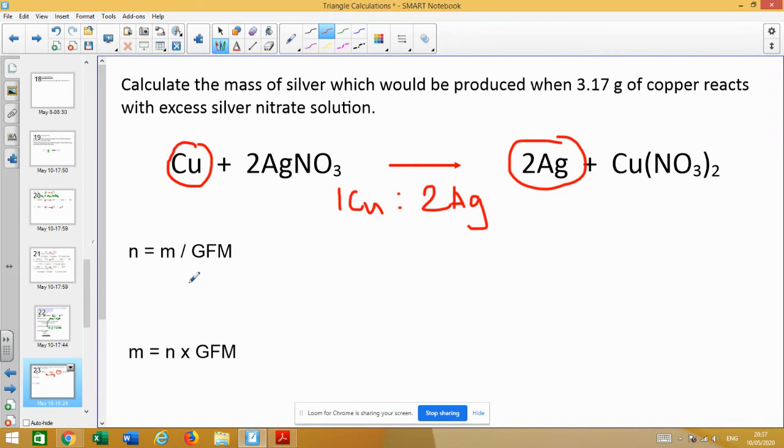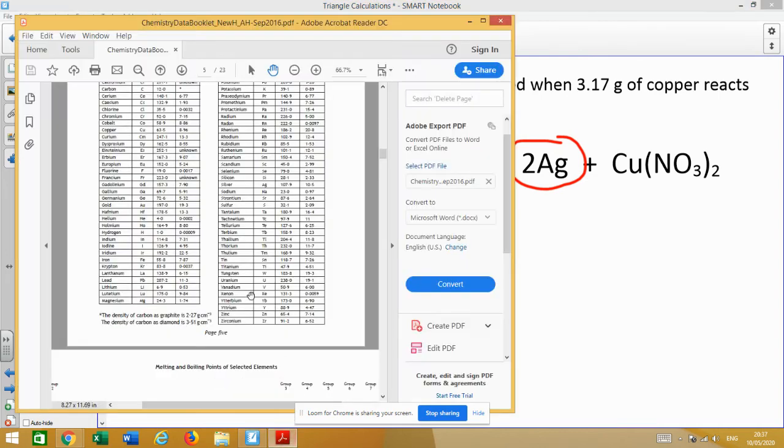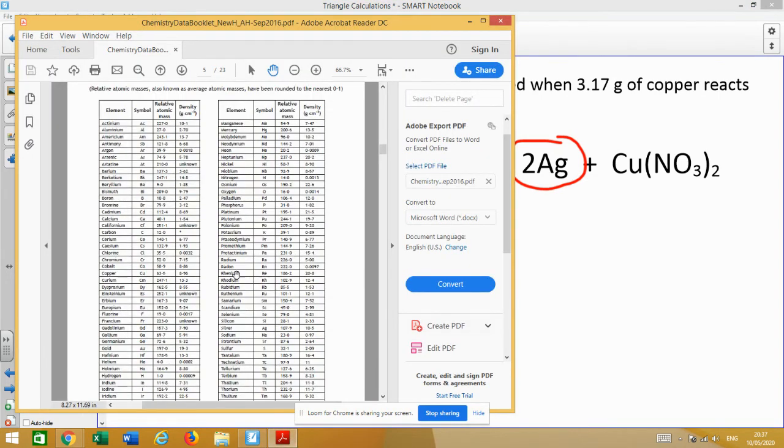So we can work out the number of moles of copper because we know the mass and we know the GFM. Back to our data book for the GFM of copper. Copper's a metal, so it's literally just straight from the data book, 63.5.